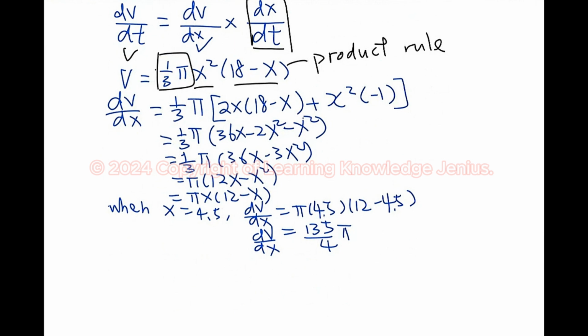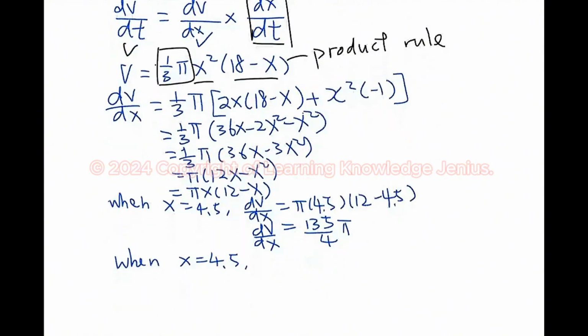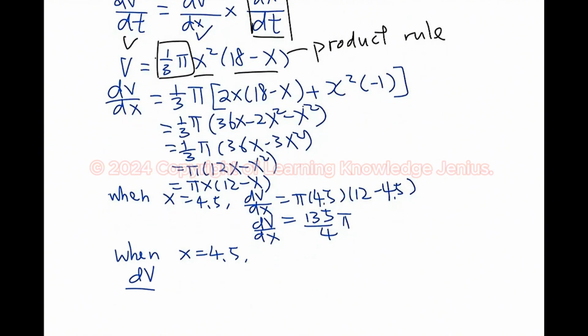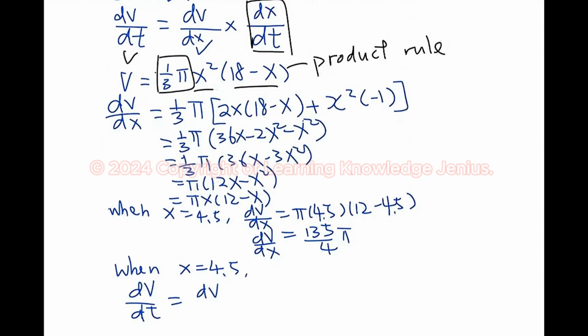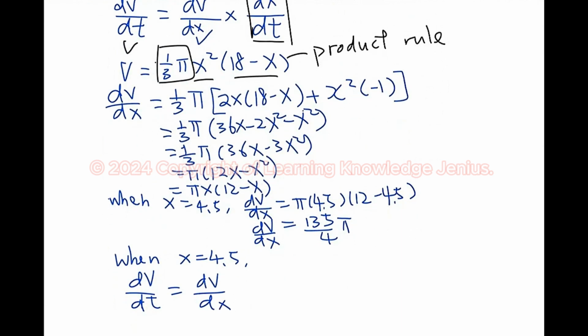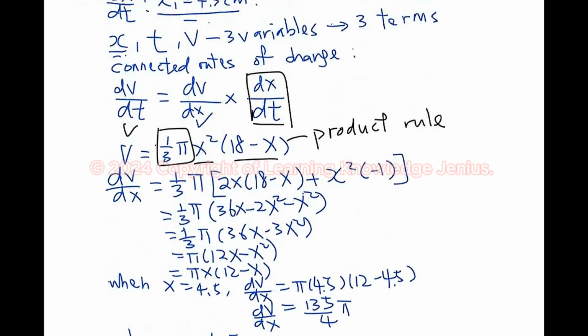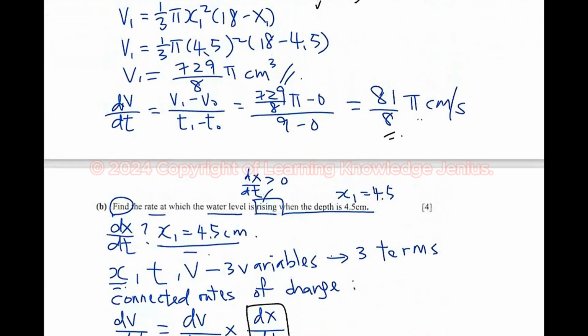So when x is equal to 4.5, our dV/dt, copy the rate of change. The dV/dt is a constant rate, remember, is this value.